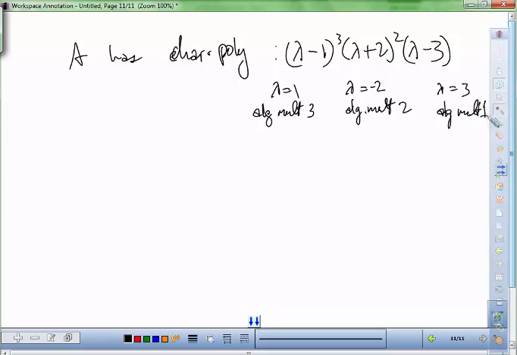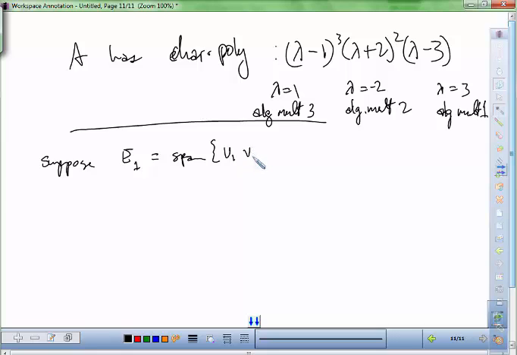If we go through this work, there are going to be a lot of different cases. Suppose the eigenspace of 1 had 2 vectors. Then what can you say about matrix A?